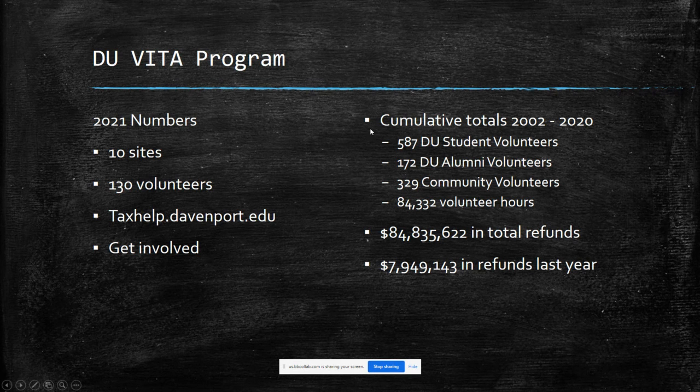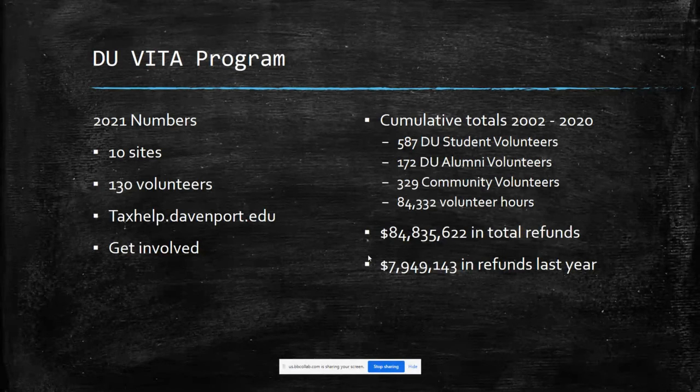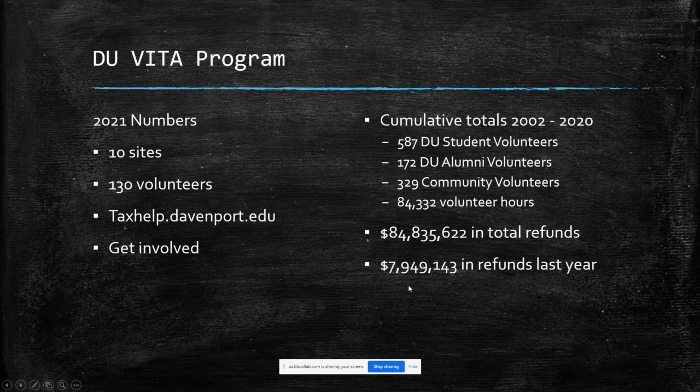And then I just always like to share, what has the VITA program done for our community? From 2002 through 2020, the most recent tax year, these are the totals. And I always like to point out, we've returned through this program nearly 85 million in refunds. We did almost 8 million in refunds last year.